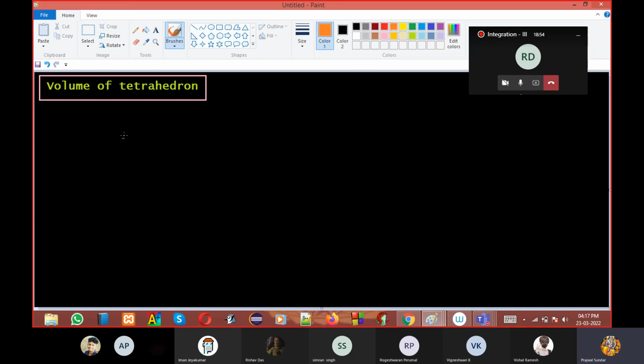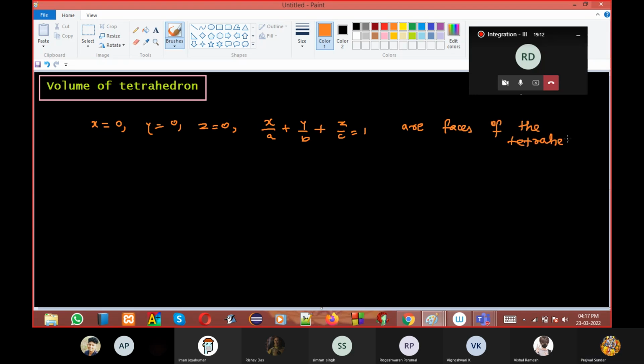What she has given is, for the tetrahedron, 4 faces: x equal to 0, y equal to 0, z equal to 0, and x by a plus y by b plus z by c equal to 1 are the faces of the tetrahedron. This is given. This question is a little simple only.